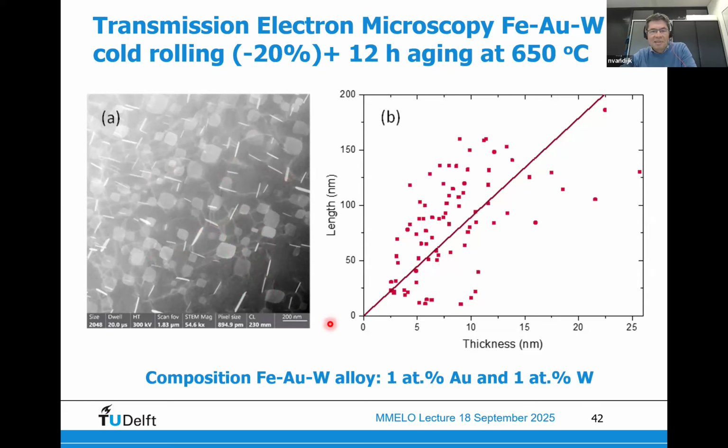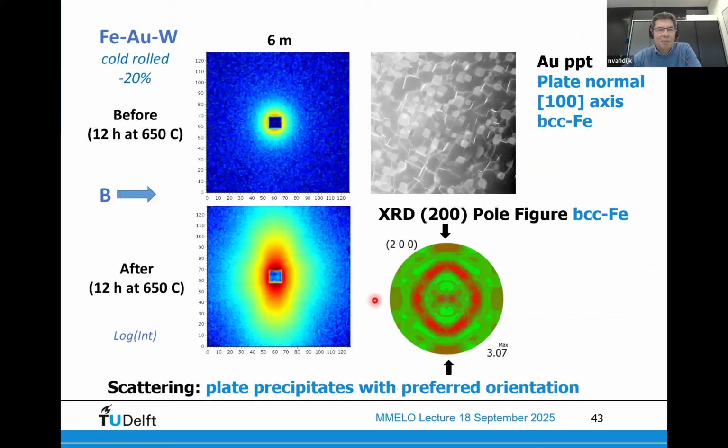Now we also did time-dependent measurements of this, and one complication arose: these cold rolled samples have a significant amount of texture. That means that the scattering pattern is no longer this nice randomly oriented particle pattern, but you now need to include the texture to be able to analyze your data.